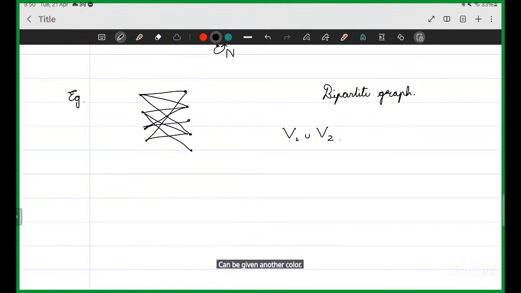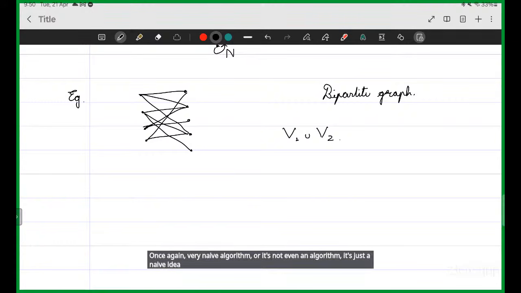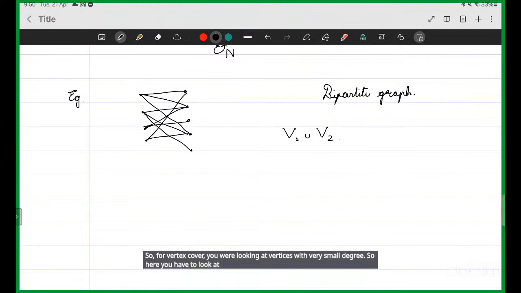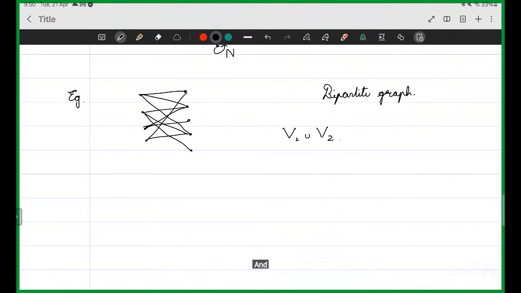So in the first step you're covering lots of different vertices with just 2 colors. Once again, a very naive idea, not even an algorithm. For vertex cover, you were looking at vertices with very small degree. Here you have to look at vertices with very big degree.